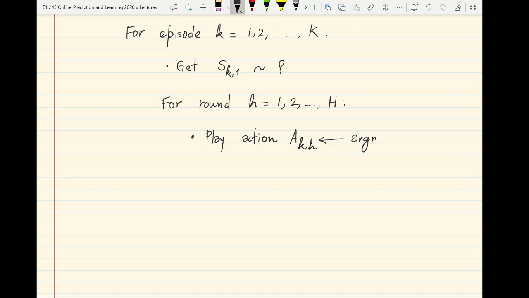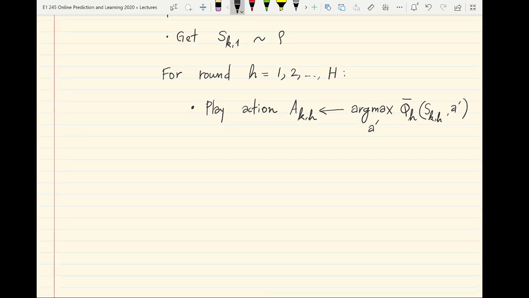So this would just be mimicking an optimal policy, but with the currently available set of Q values: Q bar h corresponding to the given state s_k^h and maximizing over all possible actions a prime. Okay. So if Q bar were actually equal to Q star, then this would actually be playing the optimal policy, but there could be some uncertainty in Q bar relative to Q star.